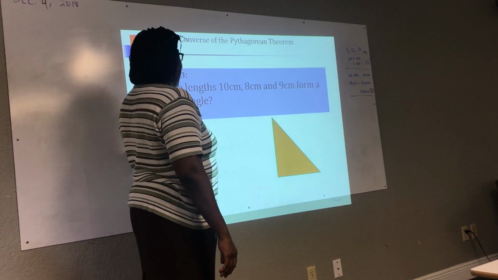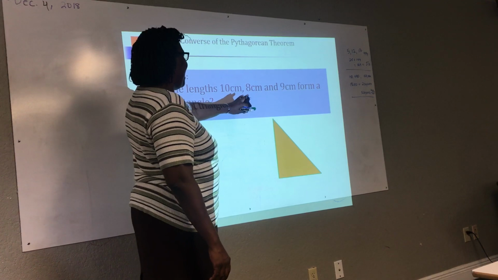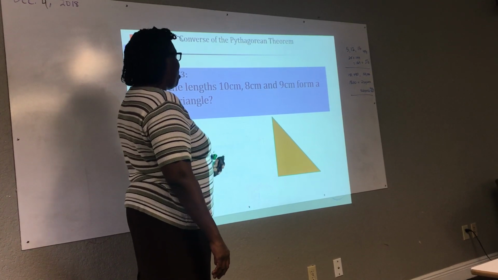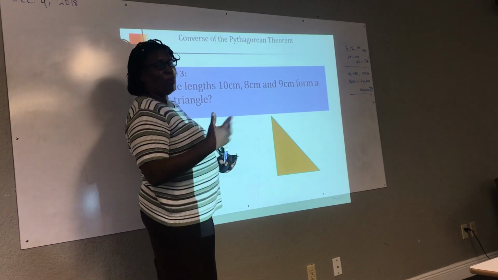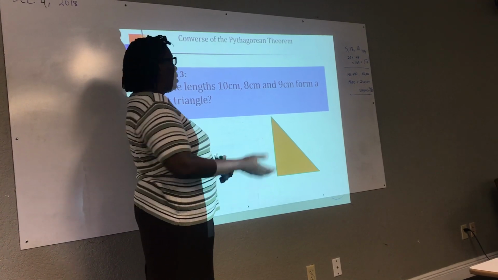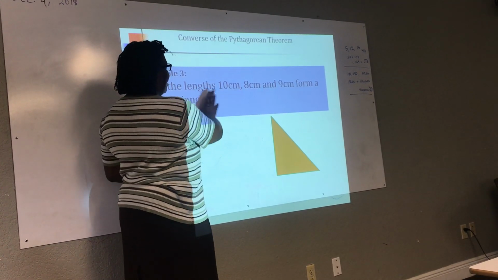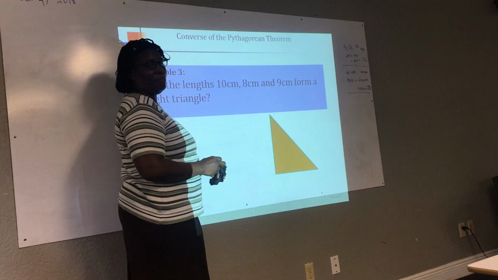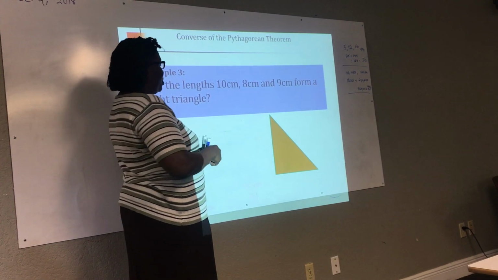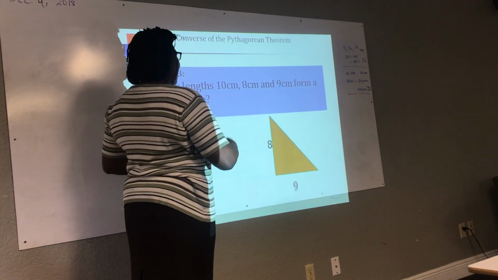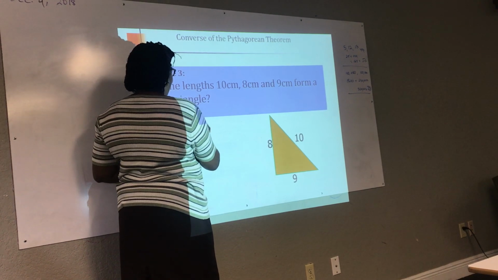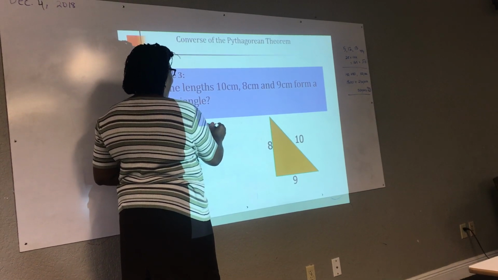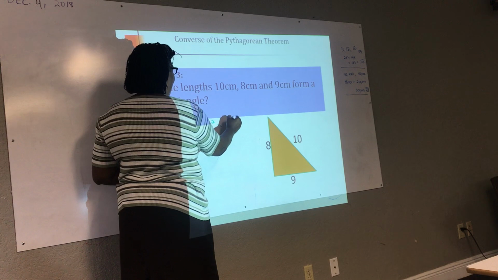The question asks, can the lengths 10 centimeters, 8 centimeters, and 9 centimeters form a right triangle? The only way we will know that is if we can confirm whether the three sides form a right triangle. So let's try them again. Our smallest sides, a squared plus b squared is equal to c squared once more.